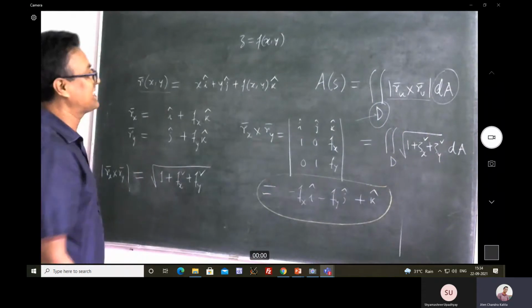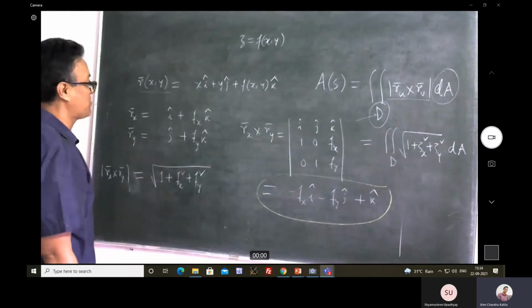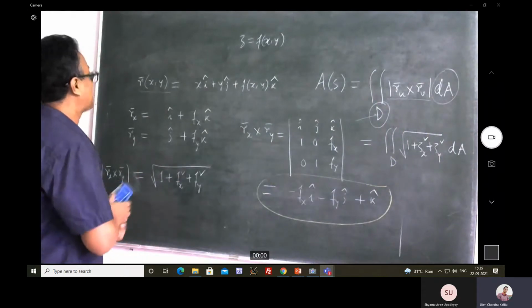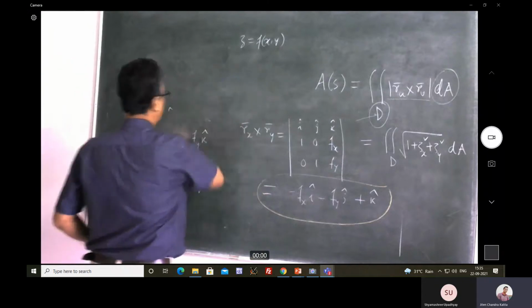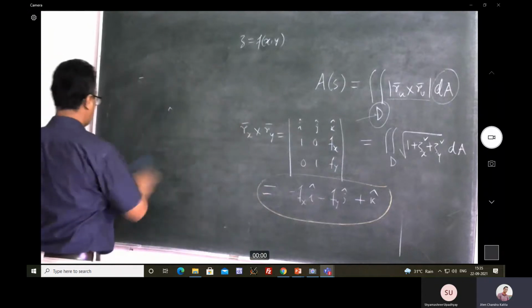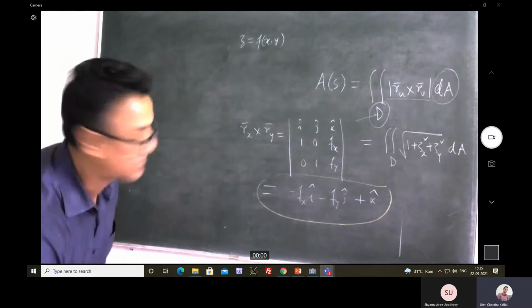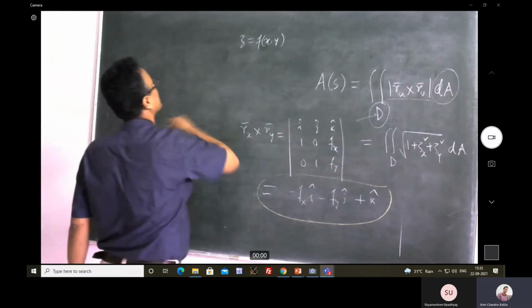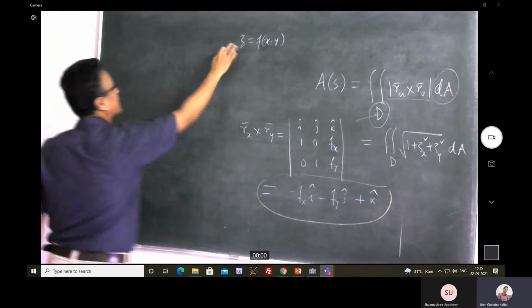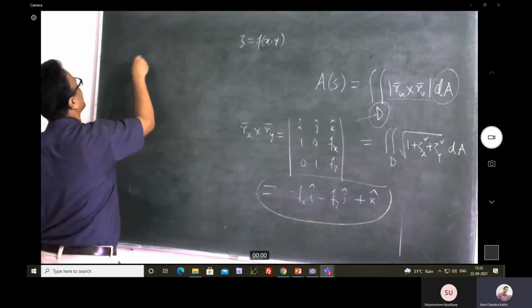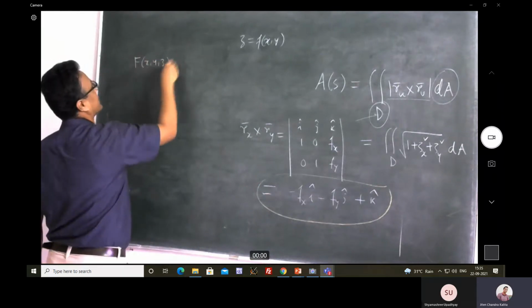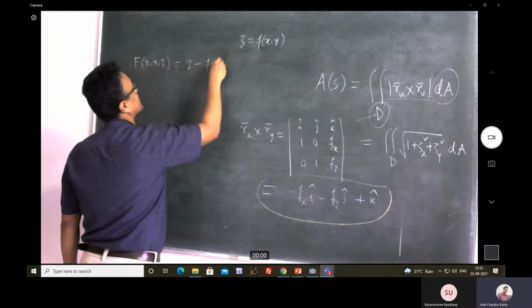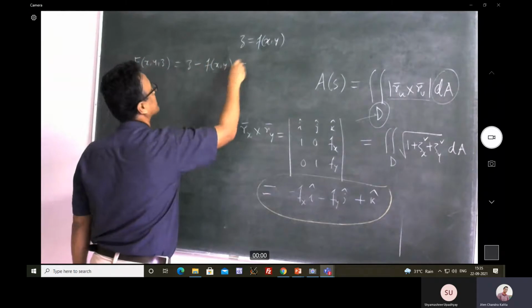Okay. So now another thing I want to mention here. Suppose I consider this surface S, and this can be written as a level surface, something like F of x, y, z equal to z minus small f of x, y, and this is equal to some constant.